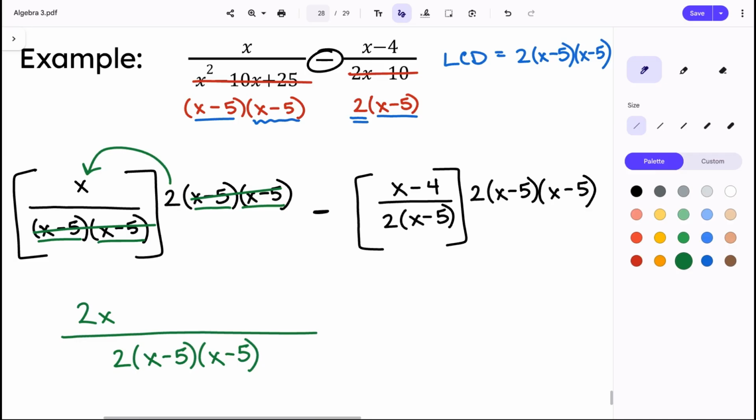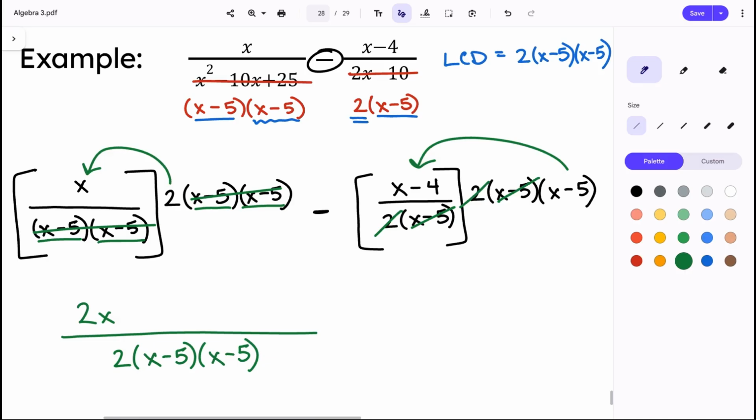Now if you look at the second fraction, what do they have in common from the denominator and what I'm multiplying? What can I cross off? I can cross off an x minus 5 and a 2. So on the top, I'm taking that x minus 4 times the x minus 5. Now I'm not actually going to multiply them together.